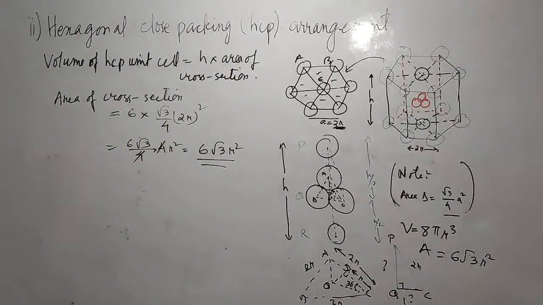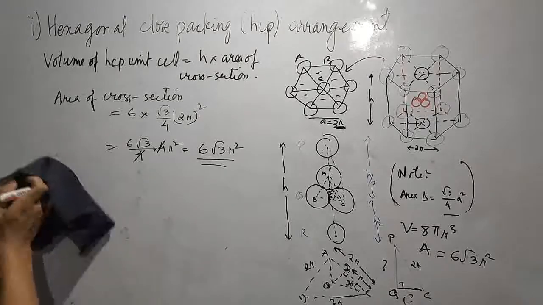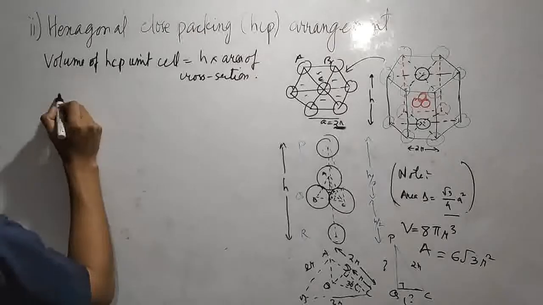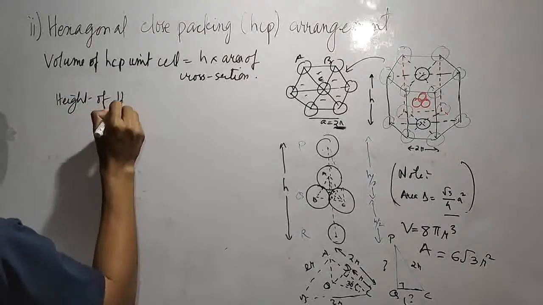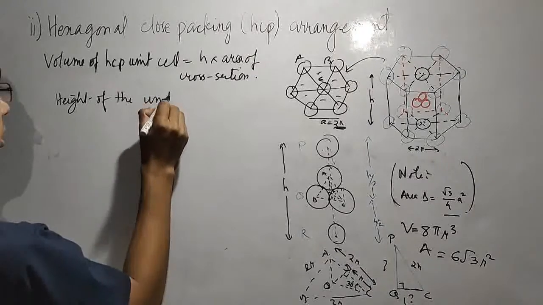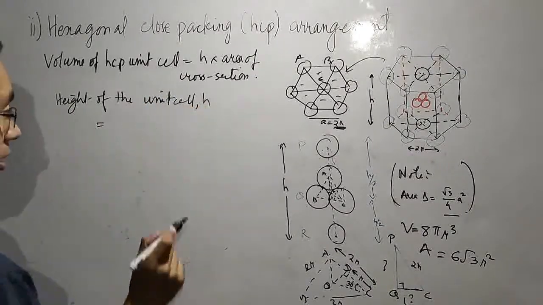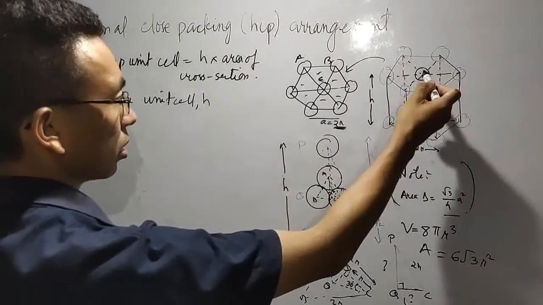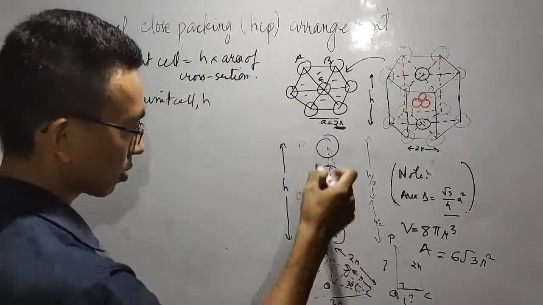Now the next one we have to find out is the height of the unit cell, H. Suppose we extract this atom and these 3 atoms, so in total 5 atoms I extracted out here.